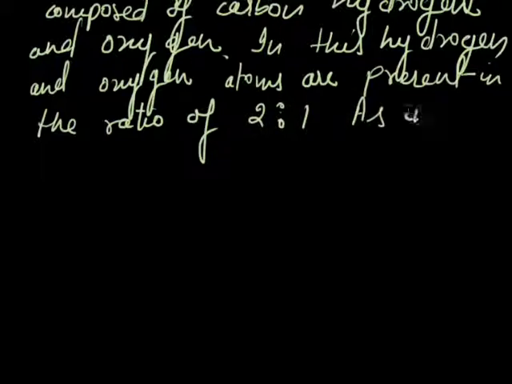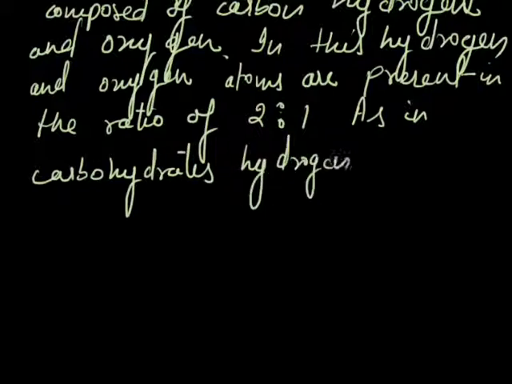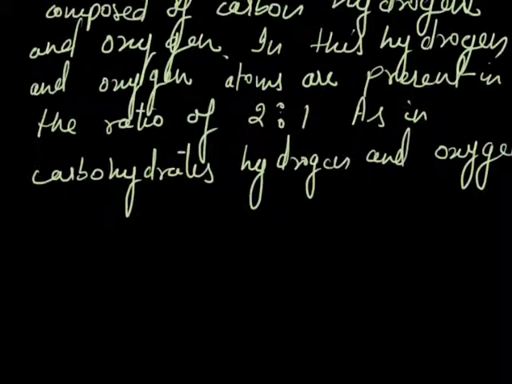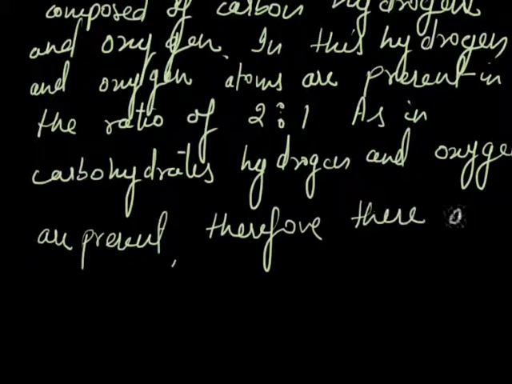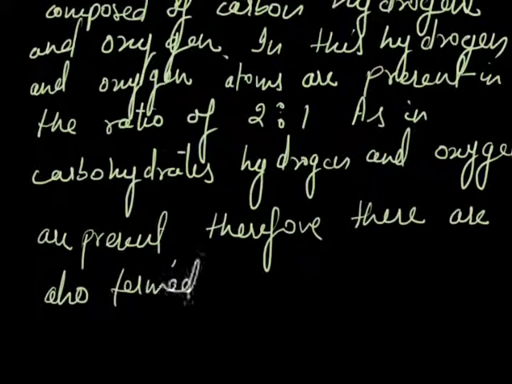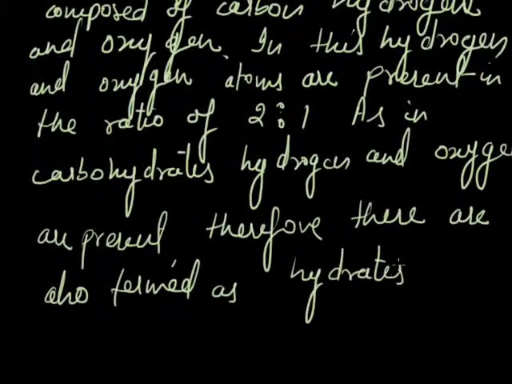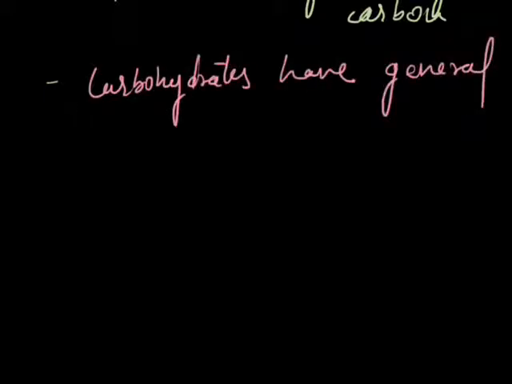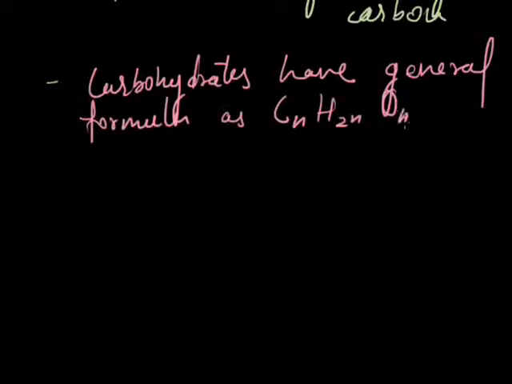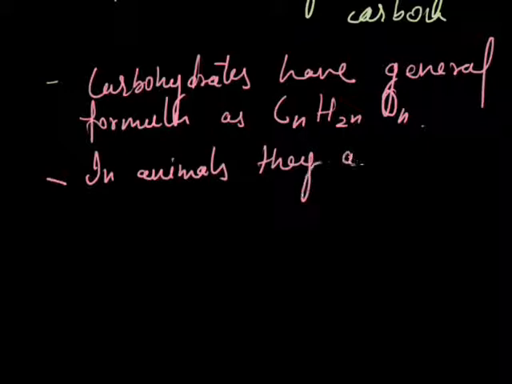As in carbohydrates, hydrogen and oxygen are present, therefore, these are also termed as hydrates of carbon. Carbohydrates have general formula as CnH2nOn.